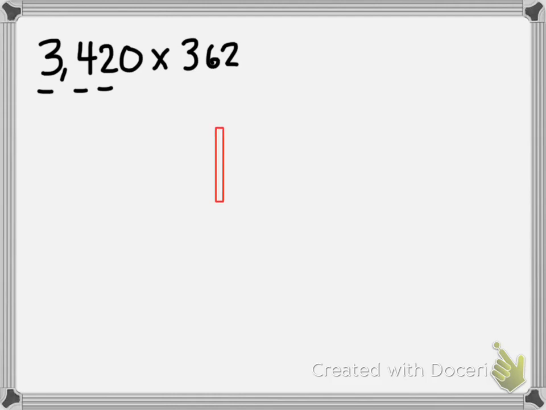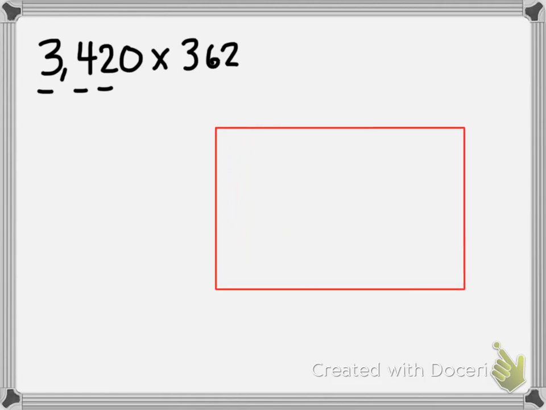So I need to make my rectangle, and then along the side or the top I do 3,420. So I just do along the top here 3,000, I do 400, and then my 2 stands for 20, so I do 20.